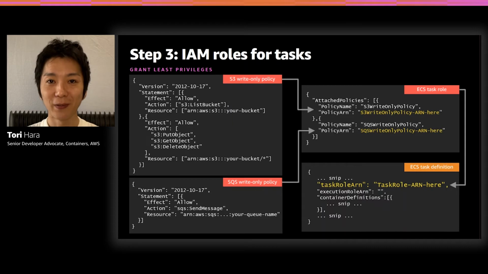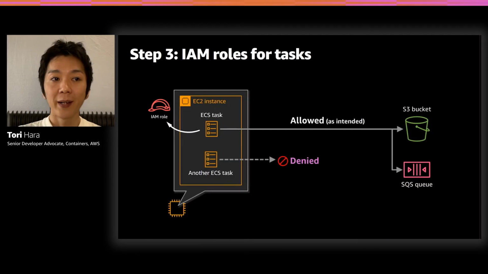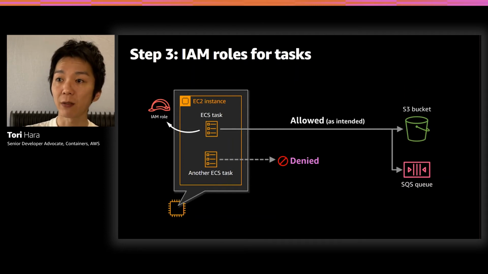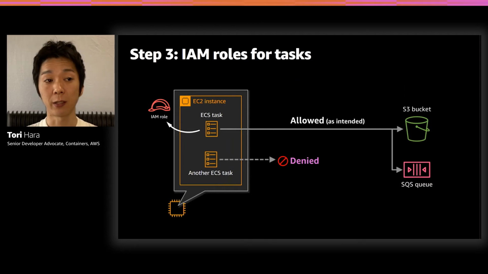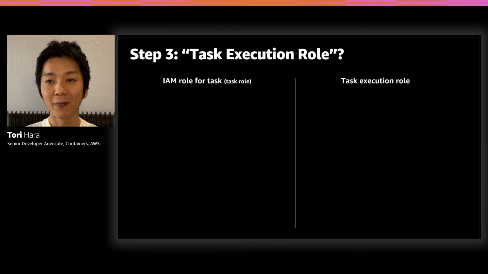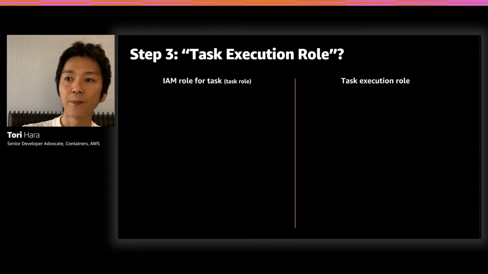It's perfect, right? Now, your ECS task has its required IAM permissions at task level to access other AWS services, and it works as expected. Cool. Okay, give me a minute to explain something here.